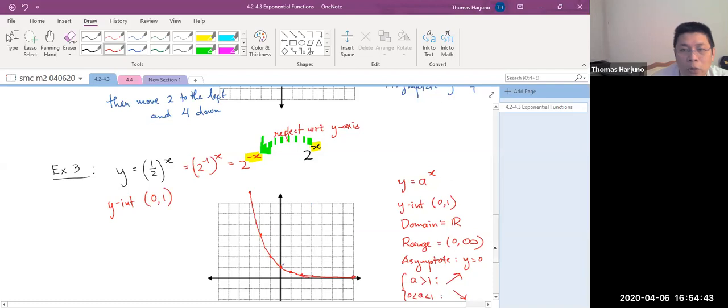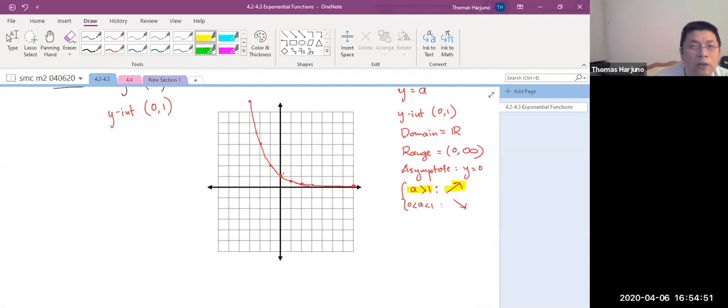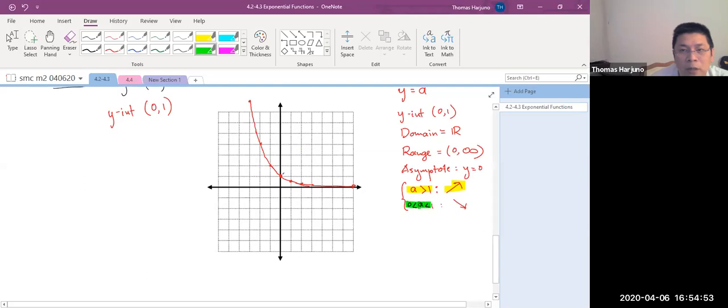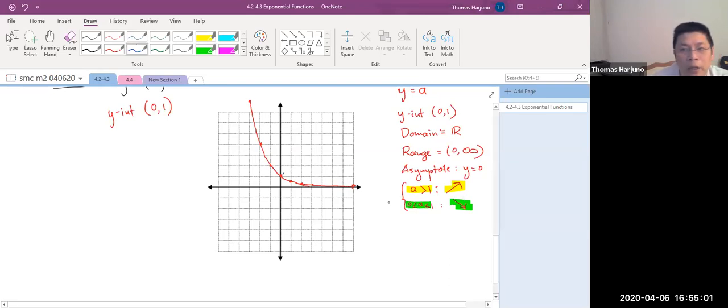Okay, so again, if the base is greater than 1, the function is increasing. If the base is positive but less than 1, the function will be decreasing. Either way, because it's either increasing or decreasing, f(x) equals a to the x is a one-to-one function.